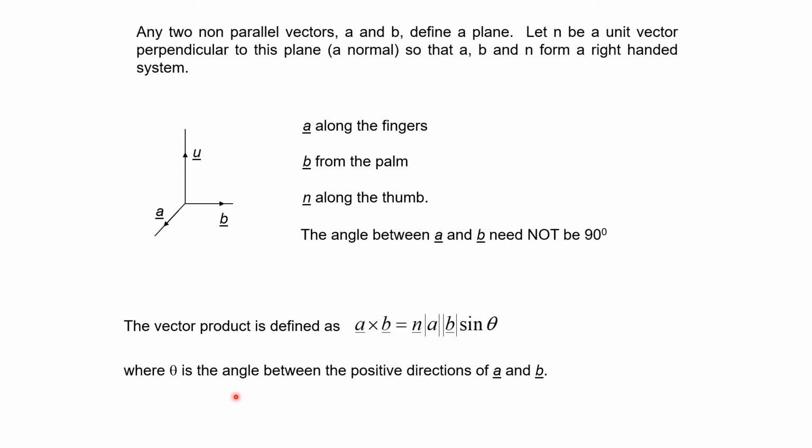Theta is the angle between the positive directions of A and B. And if either A or B is zero, then n becomes undefined, and obviously the cross product will result in zero.